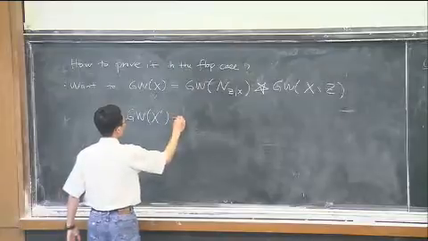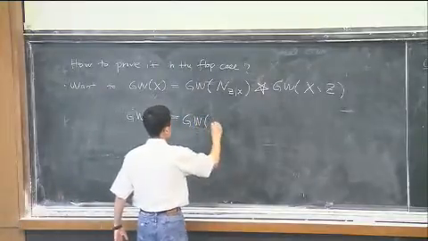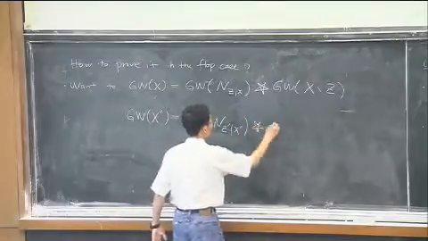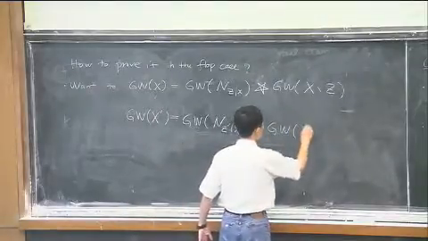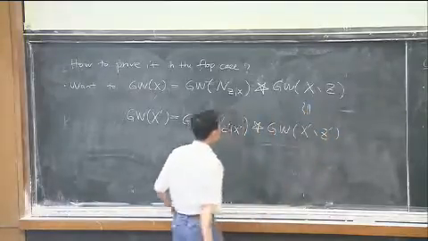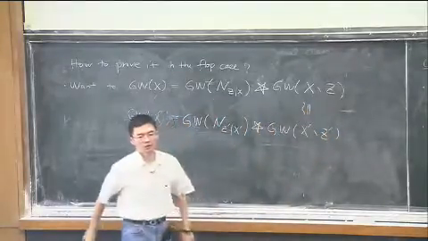Then that will be the same as Z prime in X prime, and then the Gromov-Witten theory of X prime minus Z prime. But these two are the same, so this part is the same, and I only have to do this part.